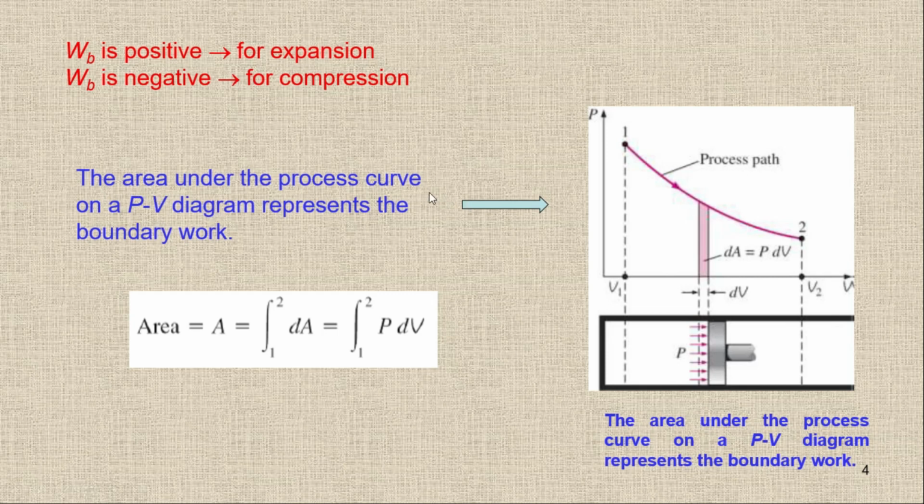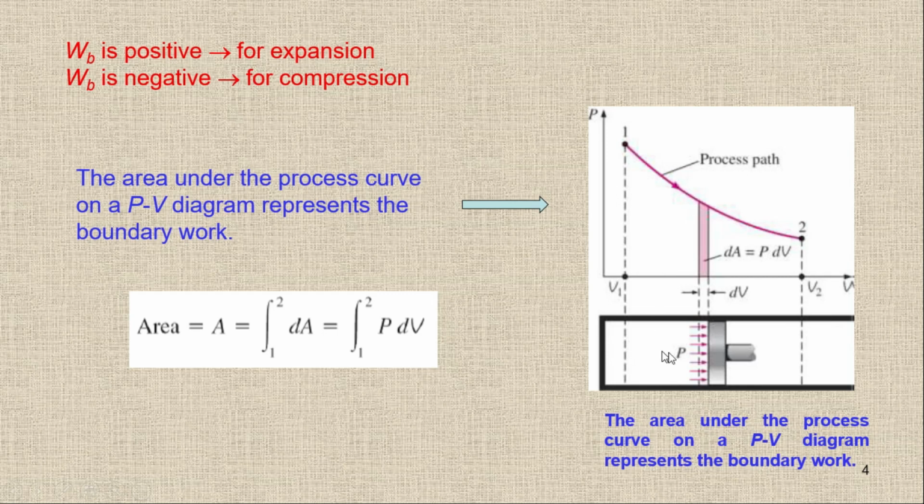Normally the area under the process curve on a PV diagram represents the boundary work, and you can see here we have a PV diagram. We have a piston cylinder configuration, and it is moving from this point. Let's suppose we have a V1 here, from this point up to this point.